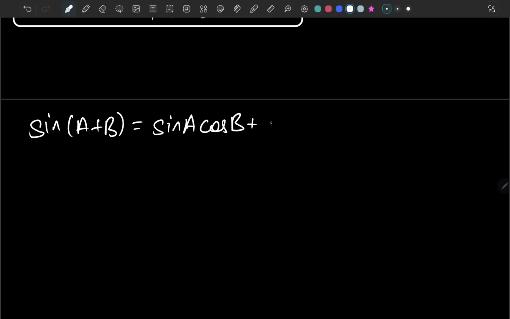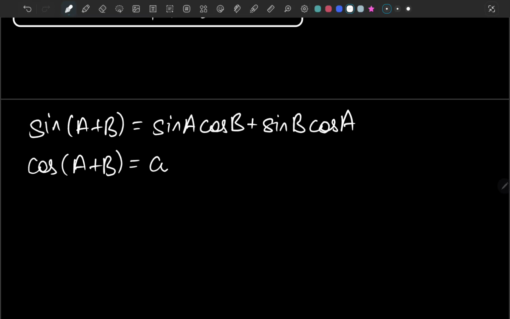So basically, let me just write that down again. We have sine of a plus b as sine of a cosine of b plus sine of b cosine of a, right? And we have cosine of a plus b as cosine of a cosine of b minus sine of a sine of b.